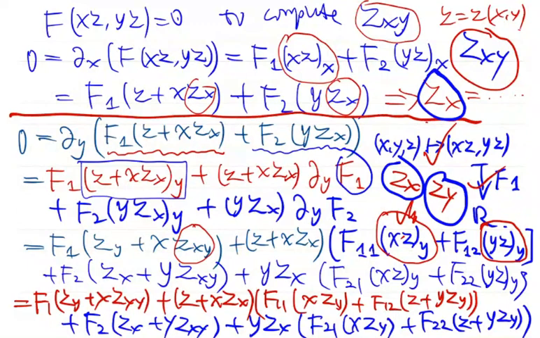And similarly, by taking the derivative with respect to y, you can obtain an equality involving zy, and you can solve for zy. So in conclusion, our zxy could be expressed by x, y, z and capital F and its derivatives. The zx and zy could be expressed by x, y, z and the derivatives of capital F.